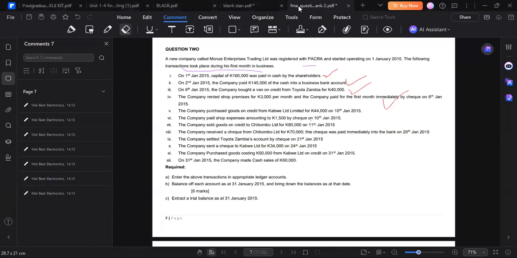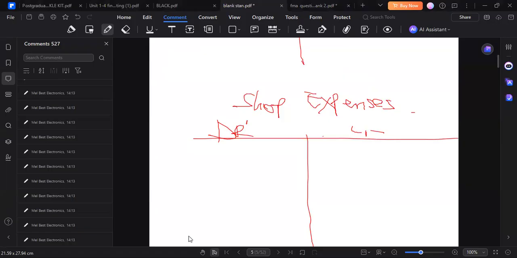The date was 10th January, 10/01/15. So this was by bank, 1,500.